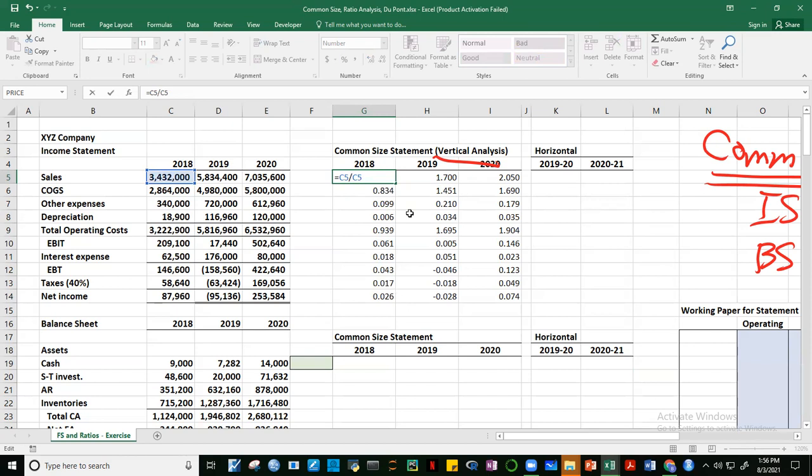Pero pwede natin gamitin si sales 2018. And there's a way to do that para pag kinapi natin yung kanina, no? Okay? Pag kinapi ko to, hindi na magiging sales 2018 dito. Magiging sales 2019 na siya. Okay? Magiging ganun na. And then, but we're not going to discuss that now.